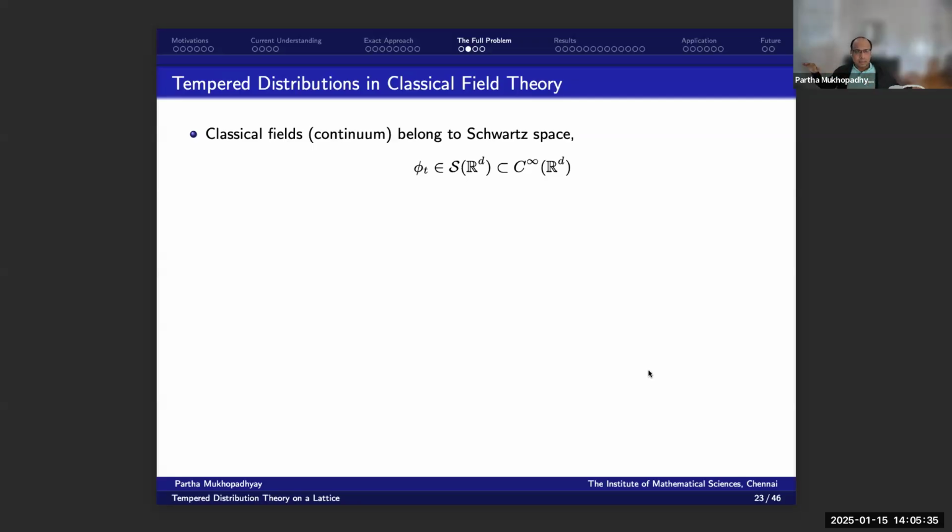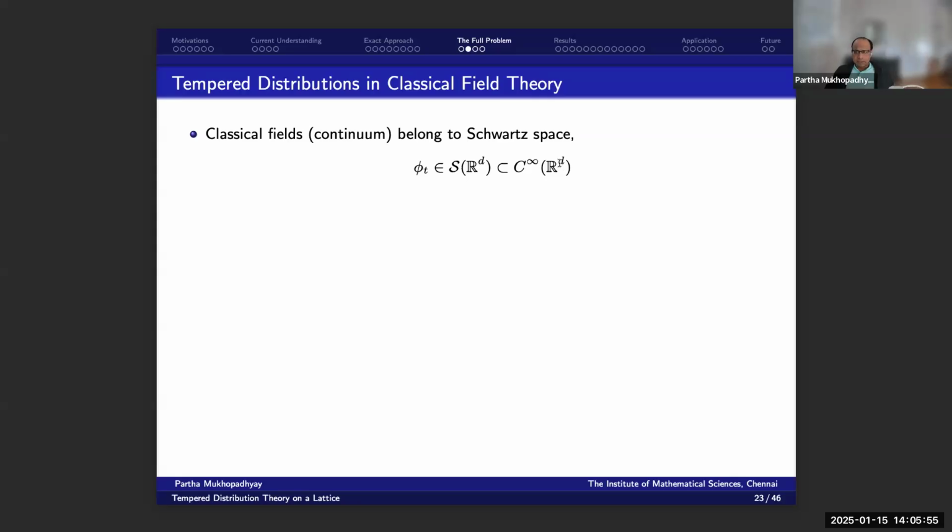This is an uncountably infinite number of degrees of freedom, which are given by certain functions on R^d. So R^d is the spatial slice. And these functions are Schwartz functions on R^d. This is a subset of smooth functions, C-infinity functions on R^d.